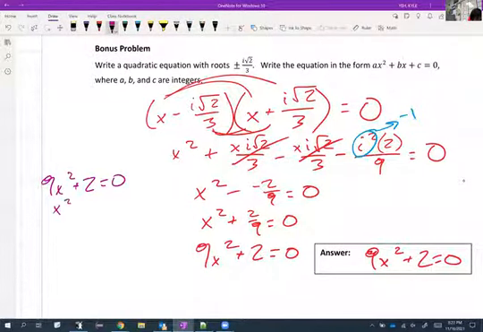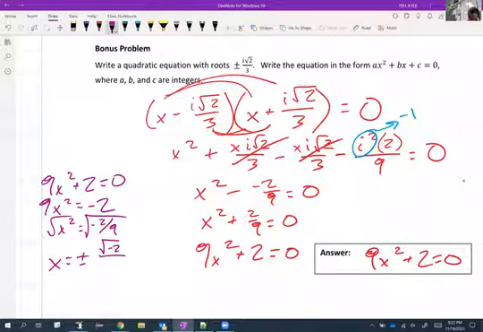That means 9x squared would have to equal -2. x squared would have to equal -2/9. Square root both sides. That means x would equal plus or minus the square root of -2 over the square root of 9, which is 3. x equals plus or minus i root 2 over 3, which is exactly what we were hoping for.